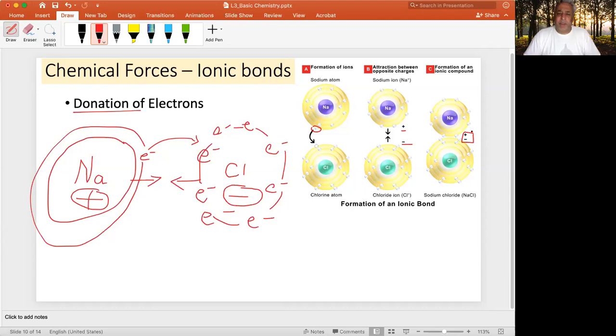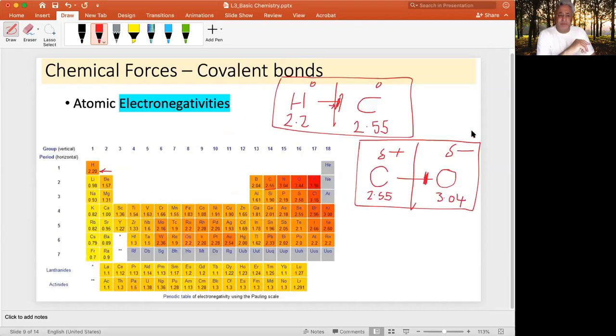So what does that tell me? That tells me that covalent bonds are stronger than ionic bonds because the atoms are closer and it takes more energy to rip them apart, right? Ionic bonds are very important and they can only form with elements on the extreme ends of the periodic table. If you take something from this side of the periodic table, it likes to give away electrons to become stable.